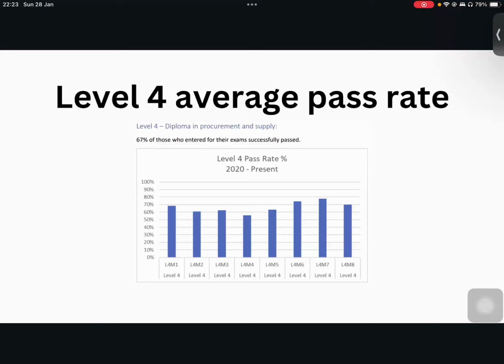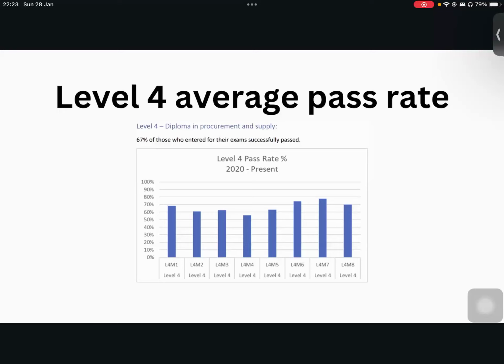Okay, their pass rate is a bit higher than level 4. F1 is about 72, and F4 about 78 or 79. Generally, on average, level 5 has a higher pass rate than level 4.